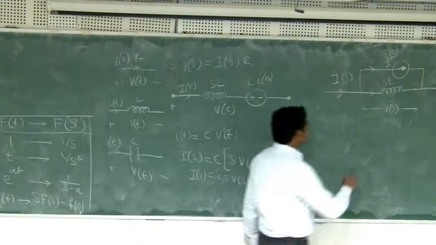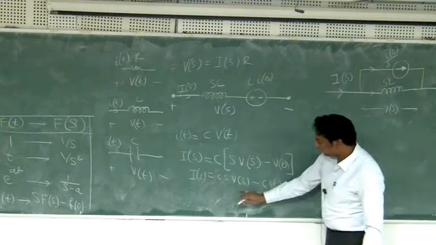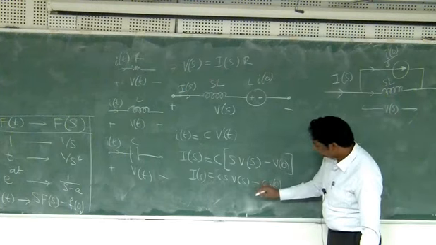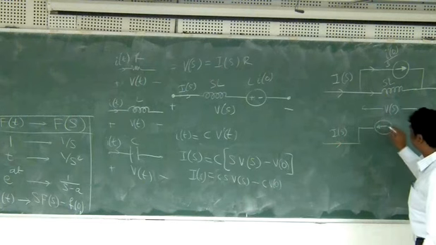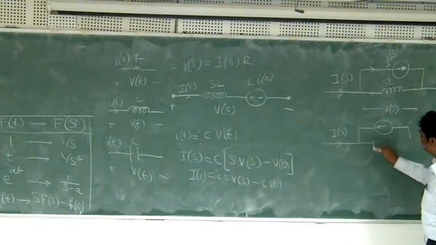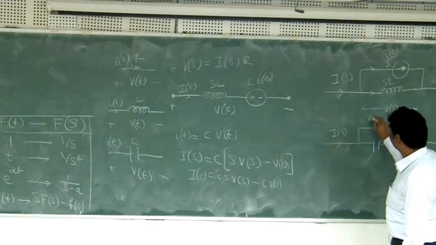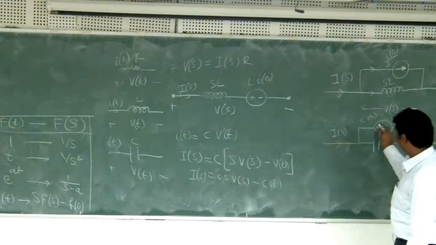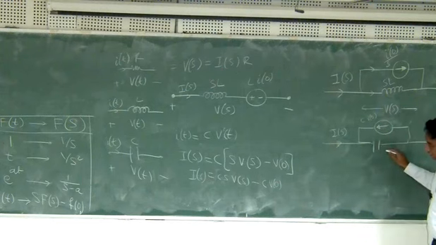So current is flowing, I of S divides into two parts, but then this part has a minus sign, so I'll show the direction like this, and then this one is CV of 0, and the direction is like this. The remaining current flows here, and then the impedance of this.